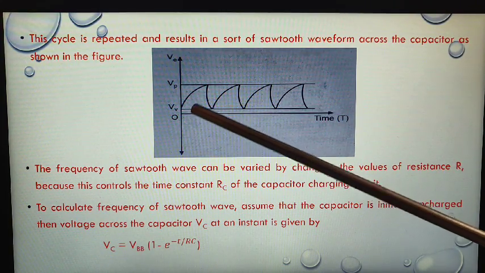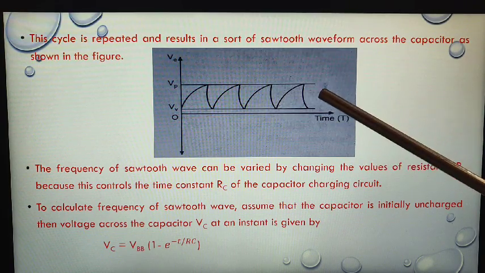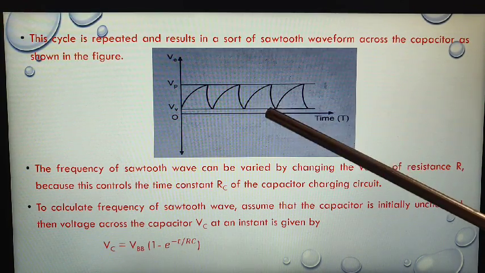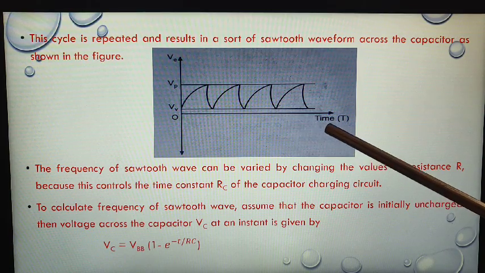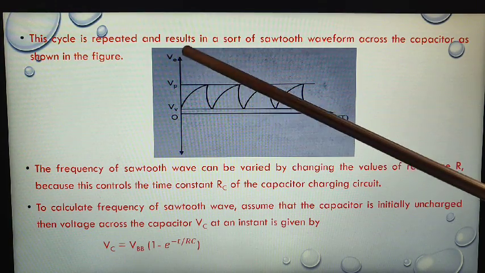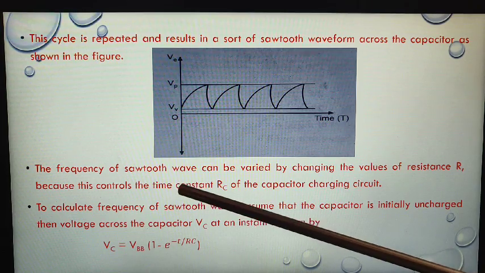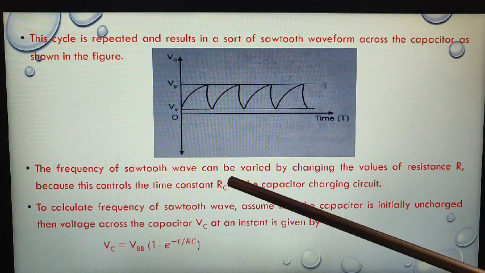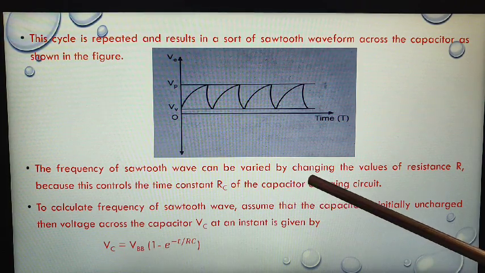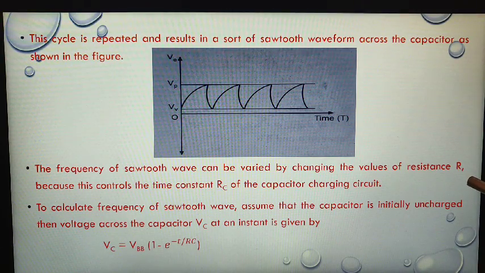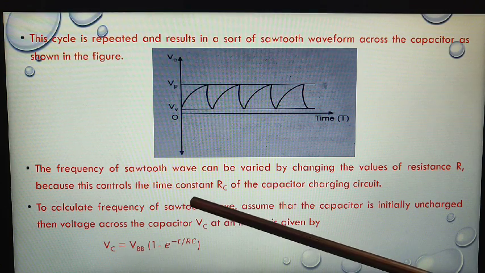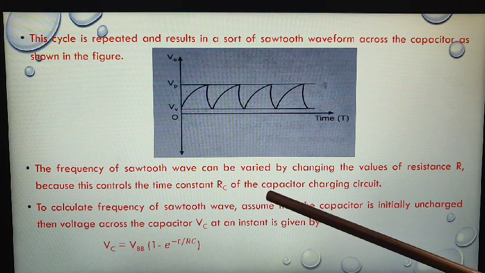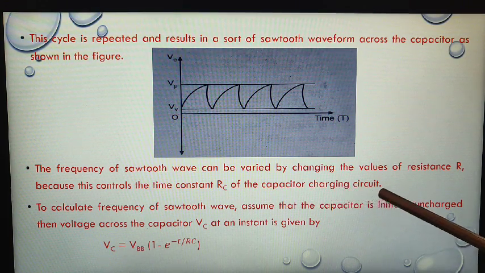This is the time, this is the voltage. The frequency of the sawtooth wave can be varied by changing the value of resistance R, because this controls the time constant RC of the capacitor charging circuit.